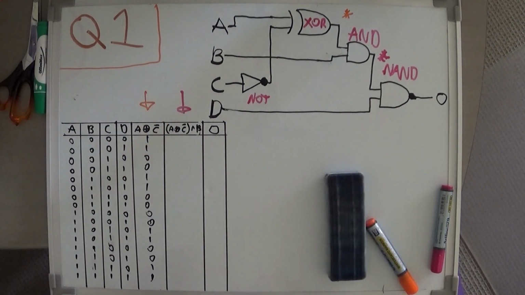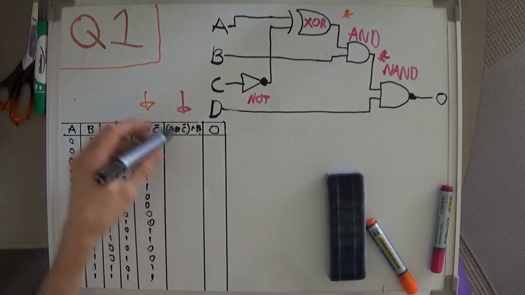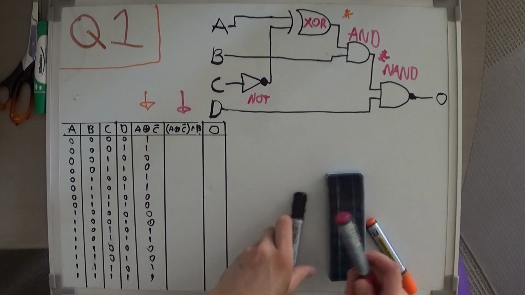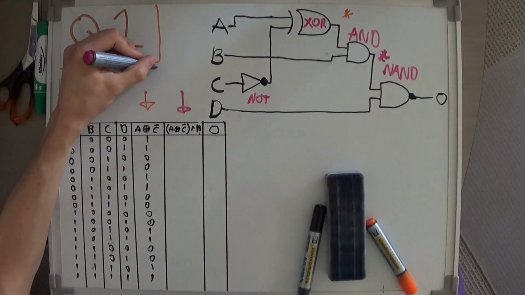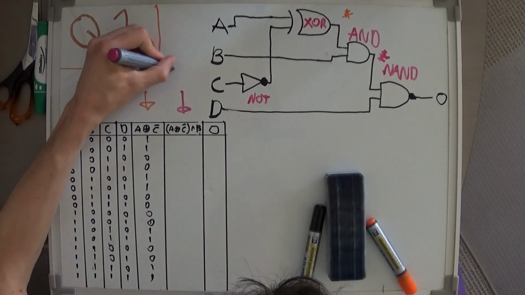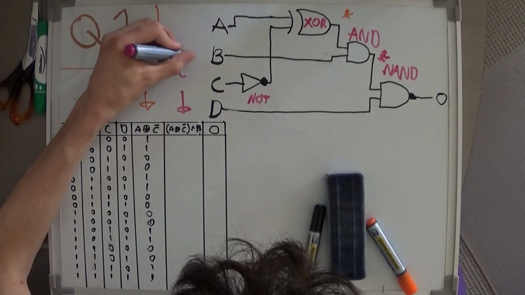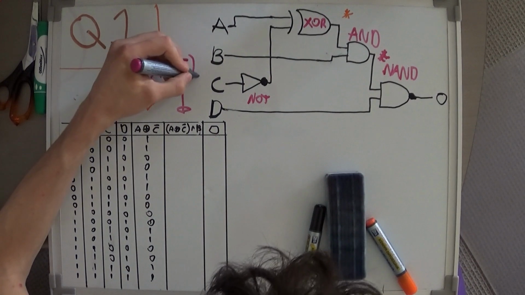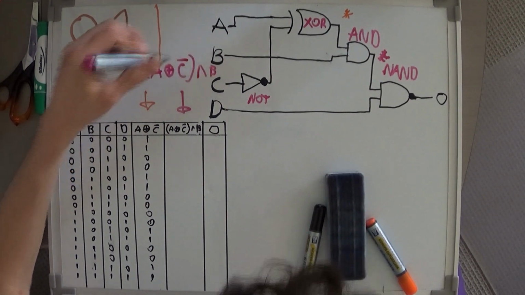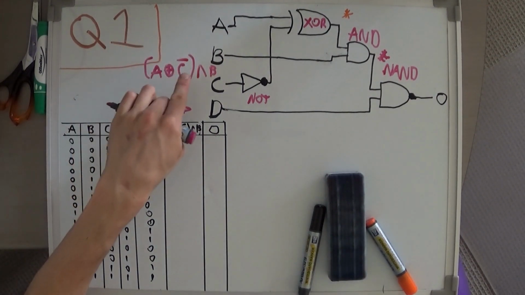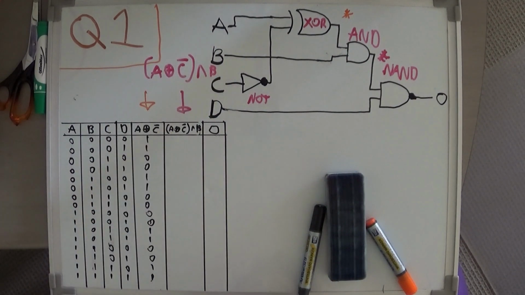I love writing on whiteboards. That's an even worse B. Alright, so what we have here, I'll write it up nice and big, is A, XOR not C, and B.